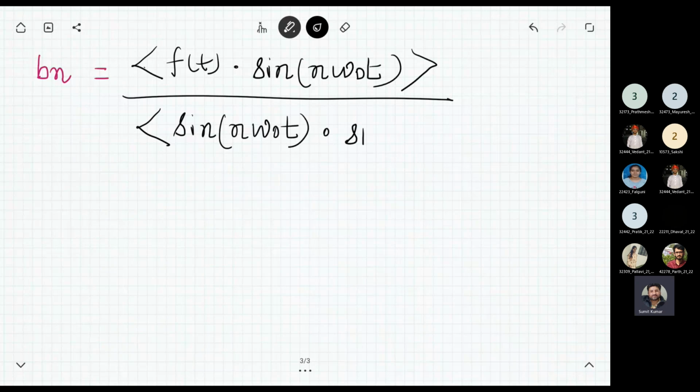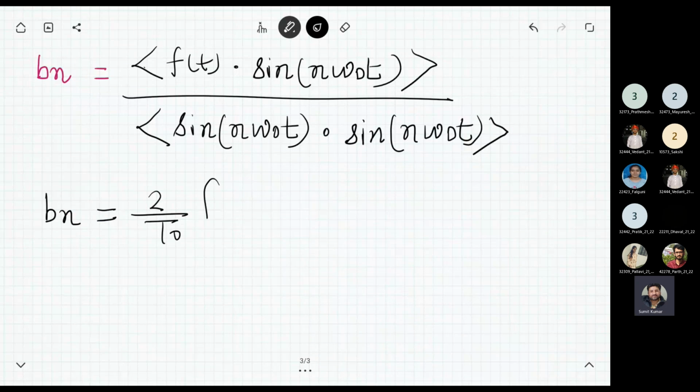And so what b n turns out to be is 2 by T naught, integration over a period of T naught. When I'm writing T naught, it means that it is integration over a period of T naught.